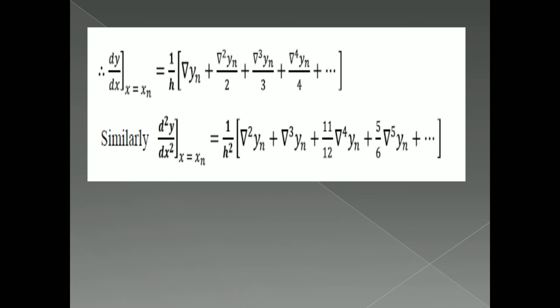Similarly, we can derive the second order derivative of y at x is equal to xn by using Newton's backward interpolation formula, and it is given by 1 upon h square into bracket nabla square yn plus nabla cube yn plus 11 upon 12 nabla raised to 4 of yn plus 5 upon 6 nabla raised to 5 of yn plus and so on.